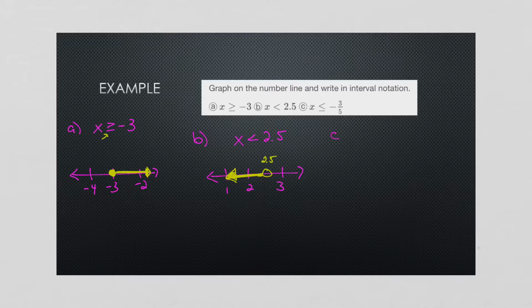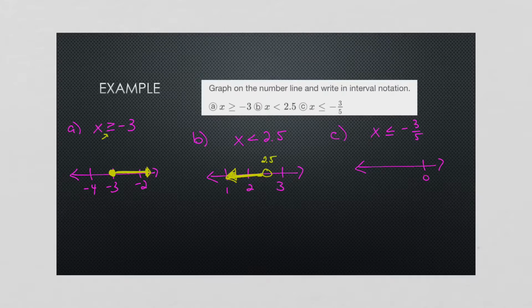All right, let's look at part C. X is less than or equal to -3/5. So what I would do here is -3/5 is a little bit more than halfway to -1, between 0 and -1.